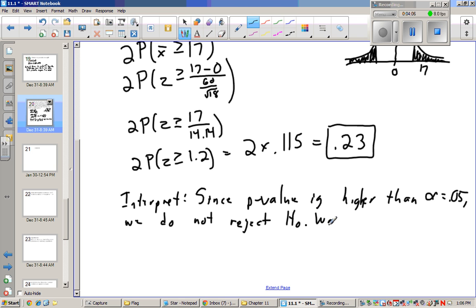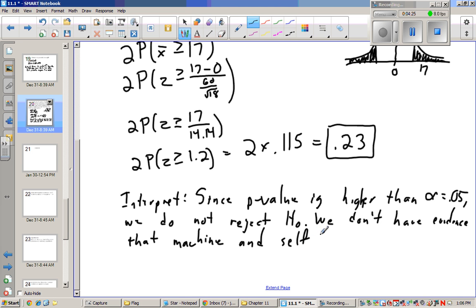So we don't have evidence that machine and self-based are different. So that's how we interpret significance tests.